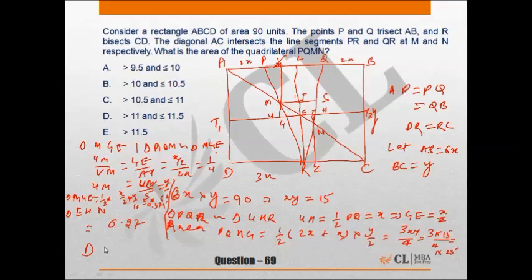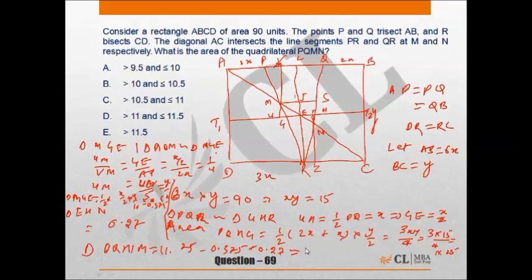From here the area of quadrilateral PQNM comes out to be the area of trapezium PQHG, which is 11.25, minus the area of triangle MGE, which is 0.375, plus the area of triangle EHN, which is 0.27.